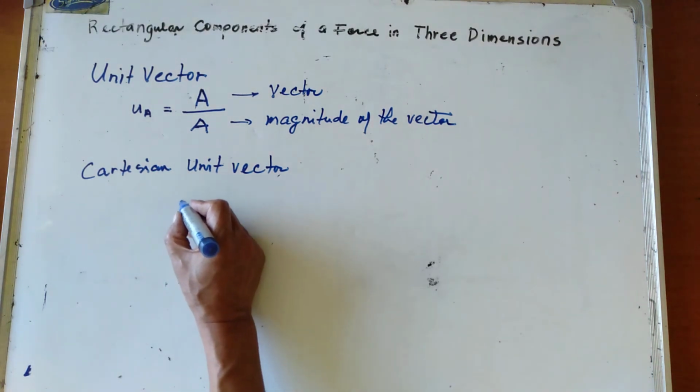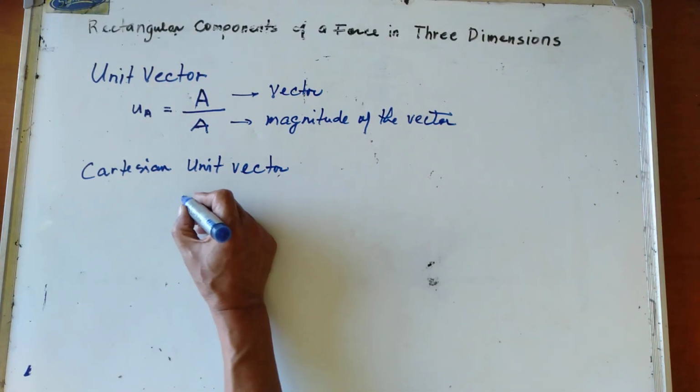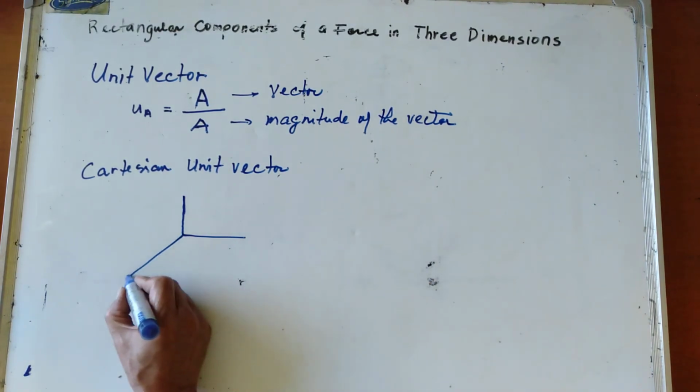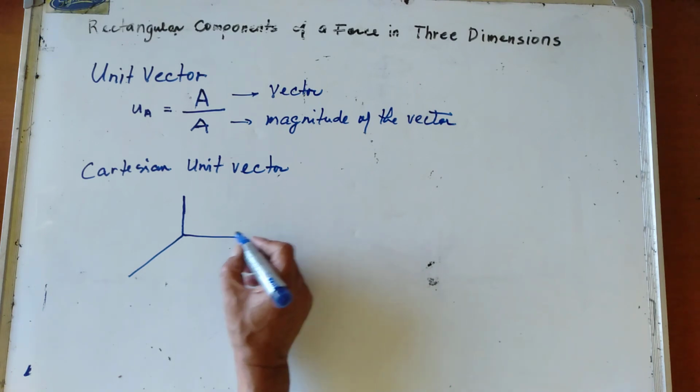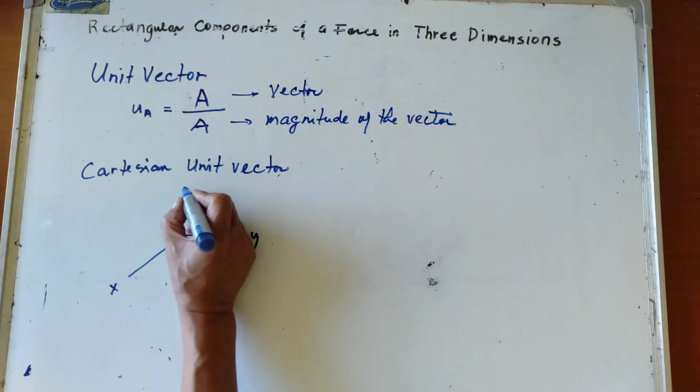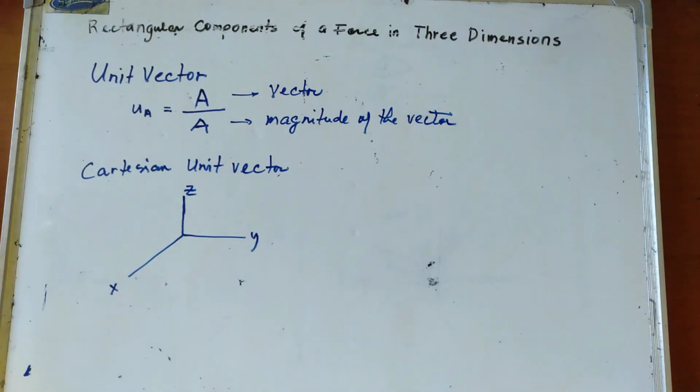Let us consider the coordinate axes. This is the x-axis, this is the y-axis, and this one is the z-axis. Your unit vectors are directed in the positive direction of the coordinate axes.